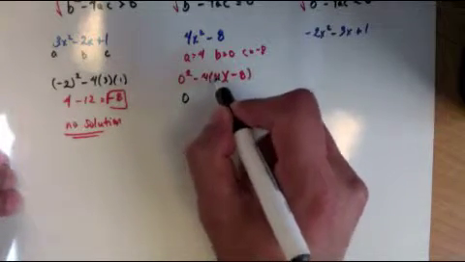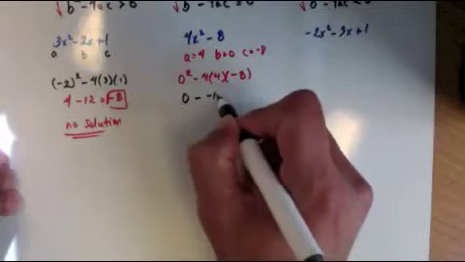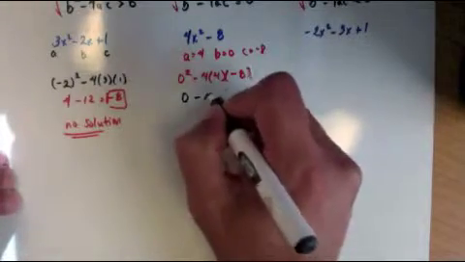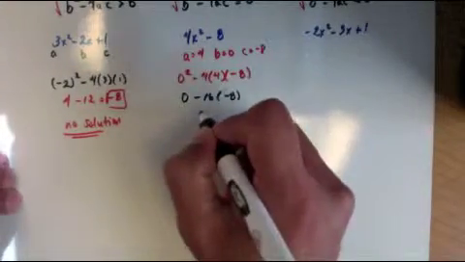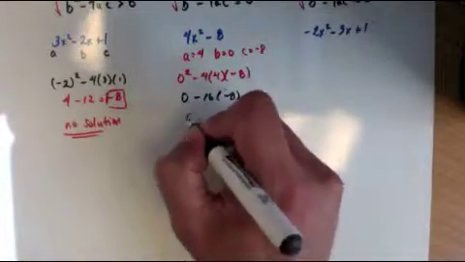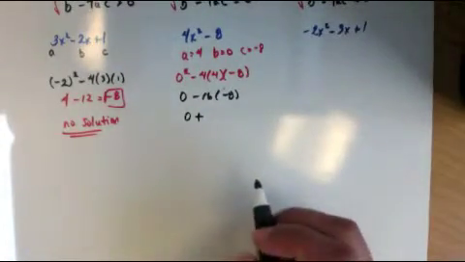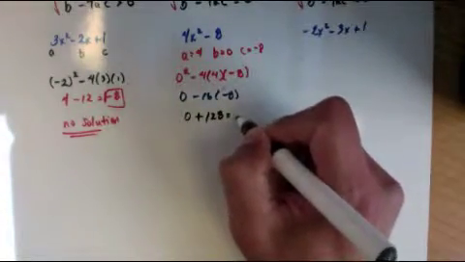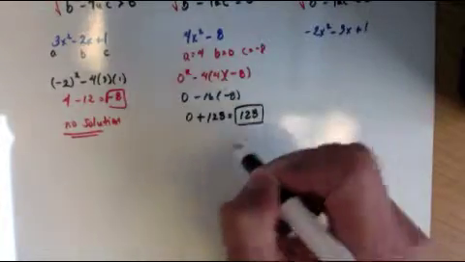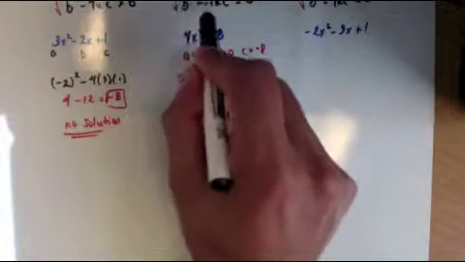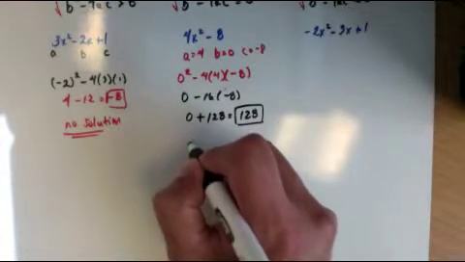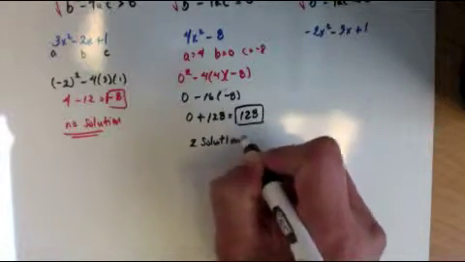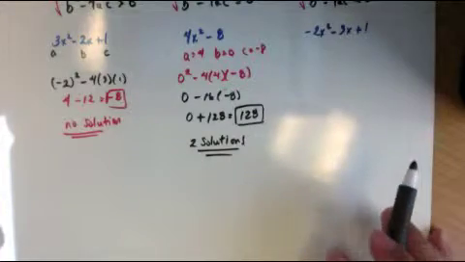Negative 4 times 4 is negative 16, and negative 16 times negative 8, a negative times a negative, is going to be a positive. 16 times 8 is 128, which doesn't really matter because I know it's going to be positive. So you have a positive solution, and if I plug this underneath my square root sign, we're going to get a plus and minus. We're going to get two solutions, so this particular graph is going to cross at 2 points.